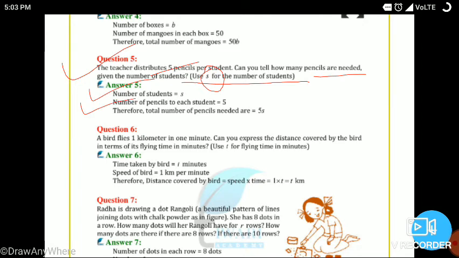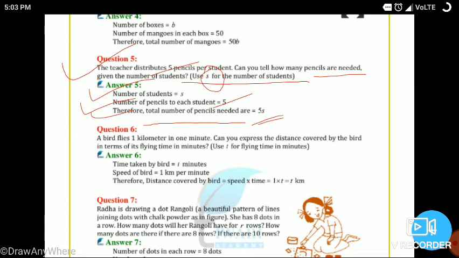And number of pencils given to each student by the teacher is 5, right? Teacher distributes 5 pencils per student. So we write here number of pencils to each student is equal to 5. So therefore the rule is what? The total number of pencils needed is 5s, right?